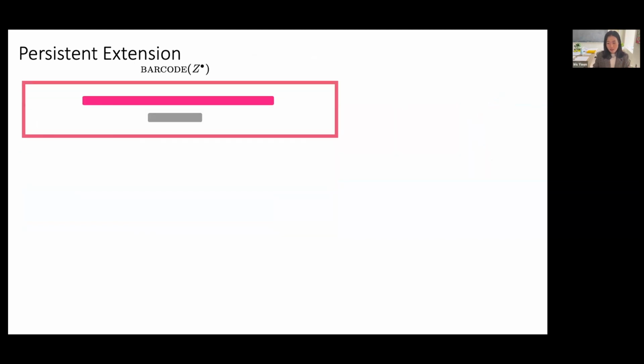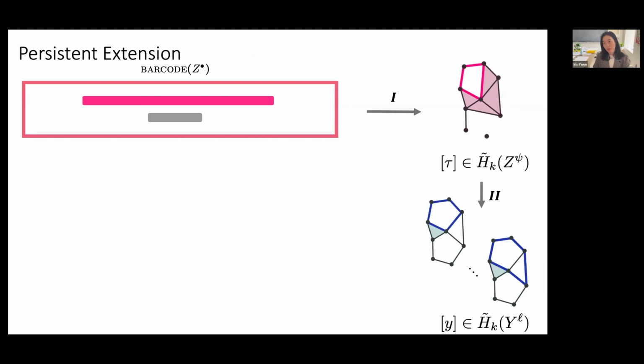So to sum up the persistent extension part of the work, we had a bar of interest in one barcode. In our case, this came from the witness barcode. We find a corresponding homology class that represents this bar. We find a collection of homology classes that are similar to the pink class identified above.